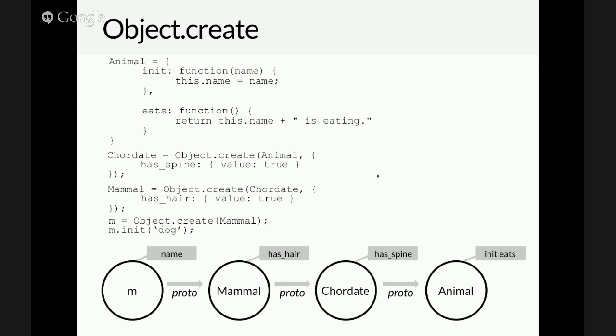Yes, go ahead. The question is, the proto points back because of the new keyword, wanting to confirm. The proto points to the prototype of the constructor because of the new keyword, yes. New will set the proto of the returned object. Good question.